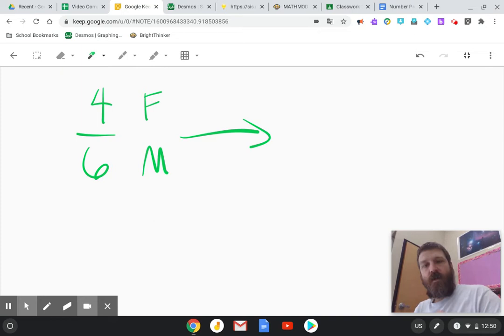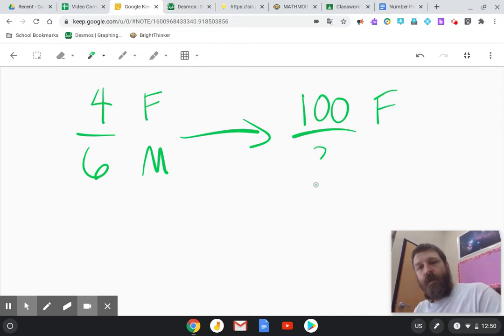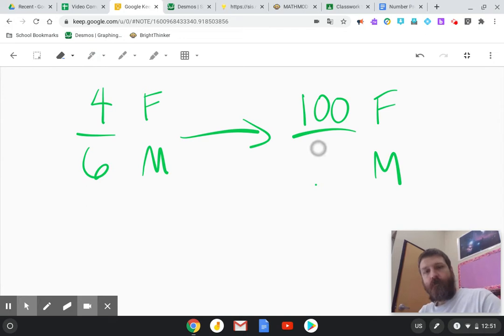So, therefore, if I told you that I have in the school 100 female students, how many male students would I have? Because we're saying that this is a proportional relationship, we can figure out how many male students there are. And that number would be 150.